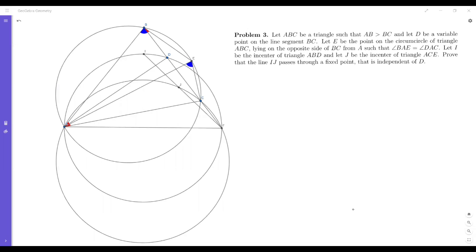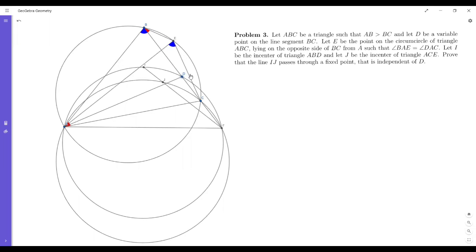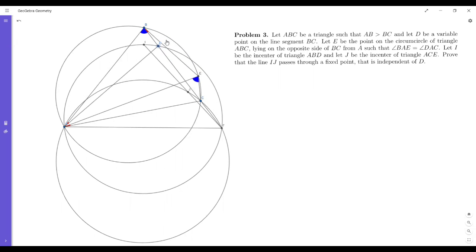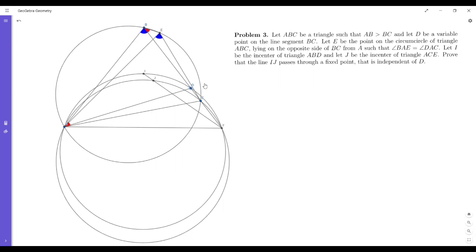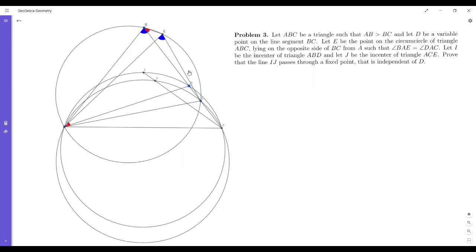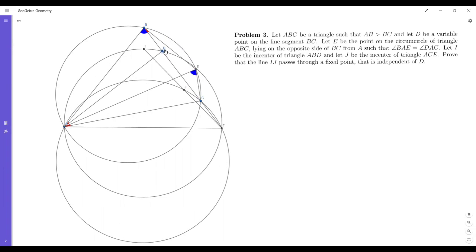Okay, so as you can see, as point D moves, it's always passing through point F. Yeah, so as you can see, it's always passing through point F. Okay, so we see that math always works.